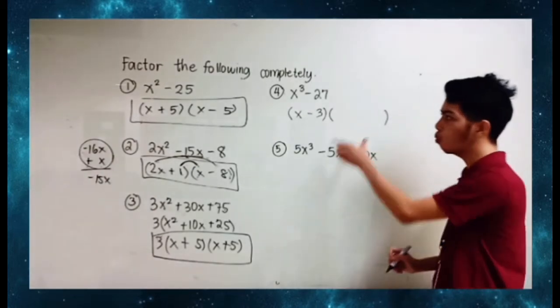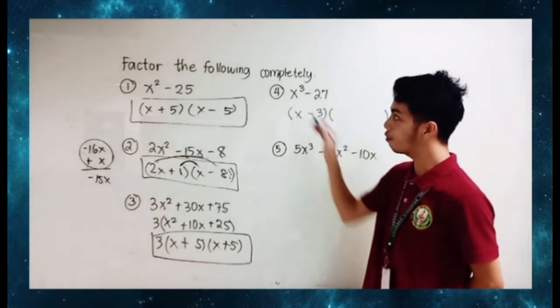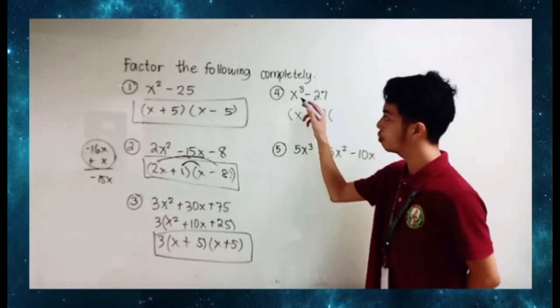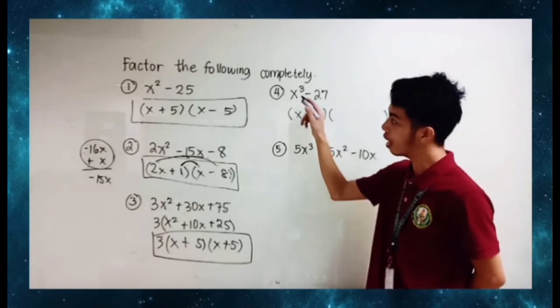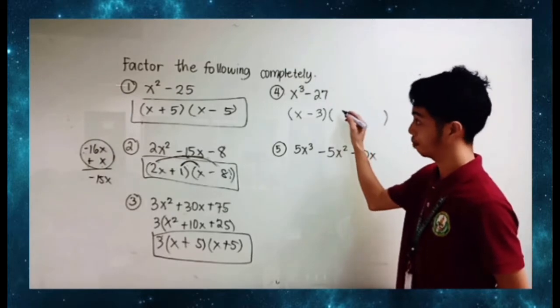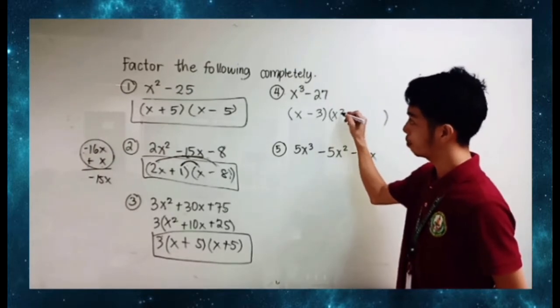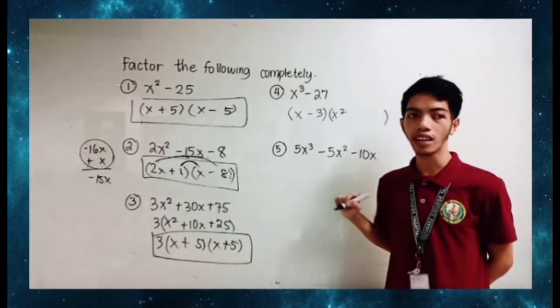Paano naman yung makukuha yung trinomial niya? Ganito lang yung gagawin dyan. I-divide mo si first term dito, yung x cubed, i-divide mo by x. Kapag si x cubed divide mo by x, magkakaroon ka ng x squared. Okay? Now, paano makukuha yung second term?